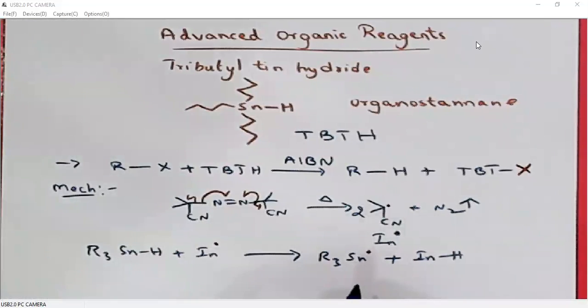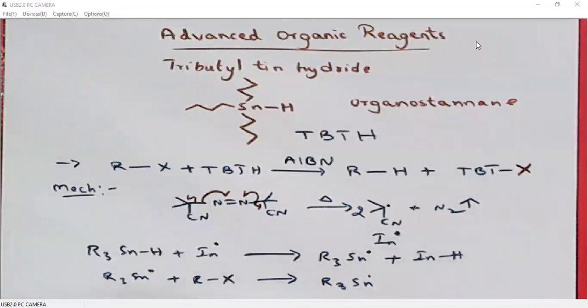So with this, the initiator part is over. We need a very small amount, maybe 1 mole percent or 5 mole percent of the initiator. Then this tin radical will pick up the halogen from the alkyl halide.